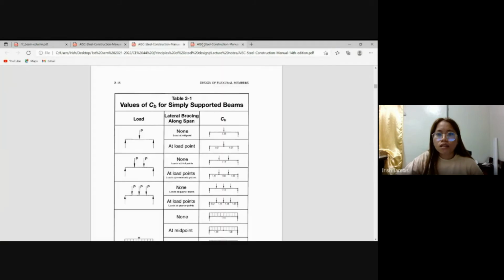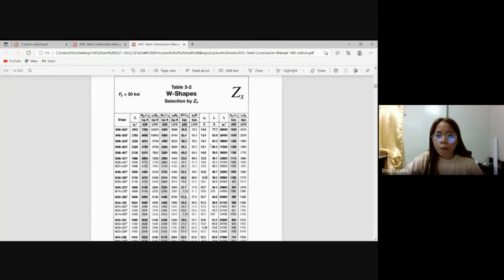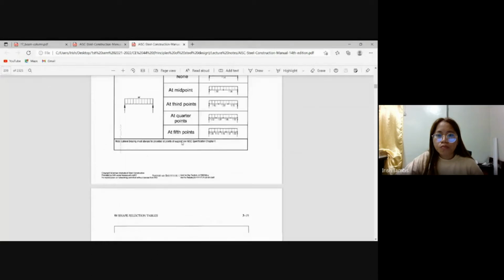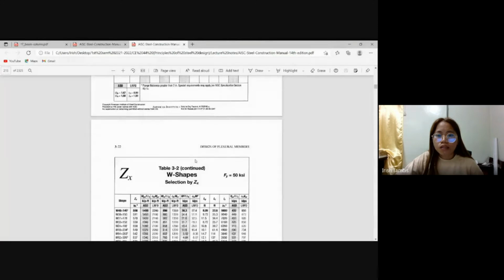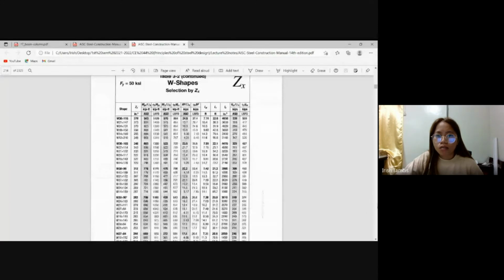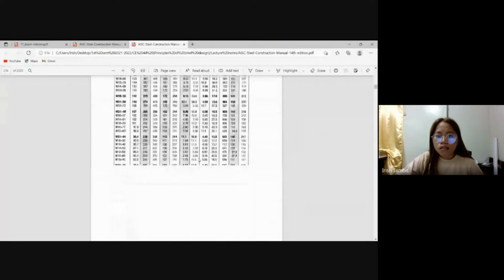I think that is table 3. Table 3 ba ito? Moment. Sa atong kalitaan.